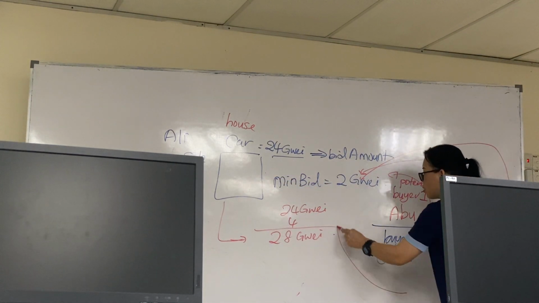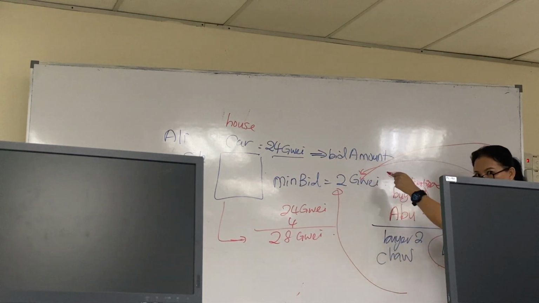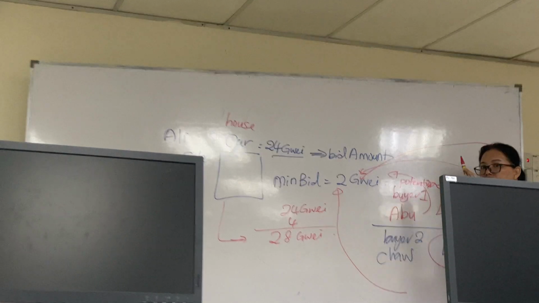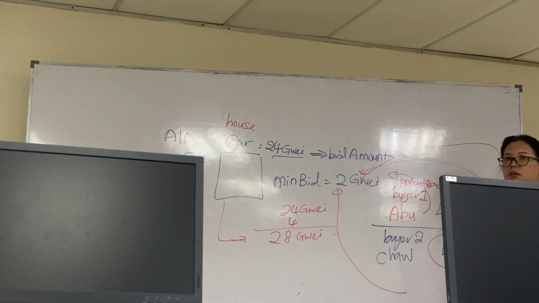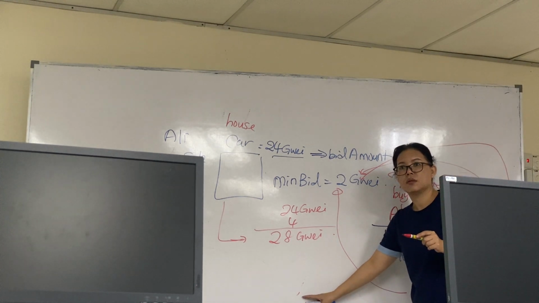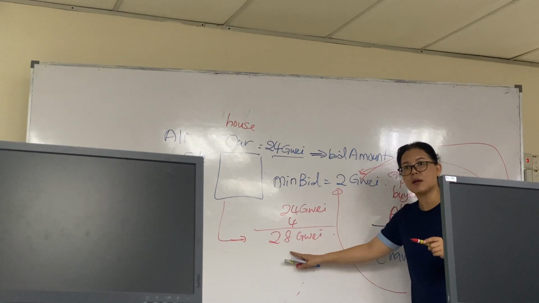Whatever the user does, who is the last one willing to pay? Who is the last willing to pay for that price? Because your current price is 28 now.